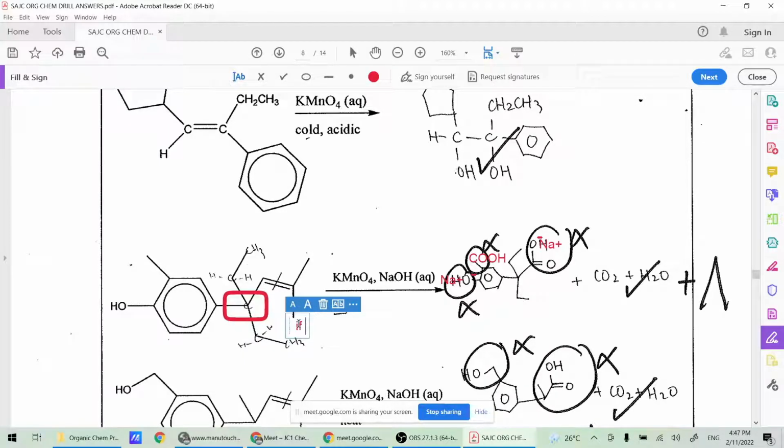Okay, there are some handy notes here. If this carbon is tertiary, it just can't form COOH, so it will just stay the way it is.